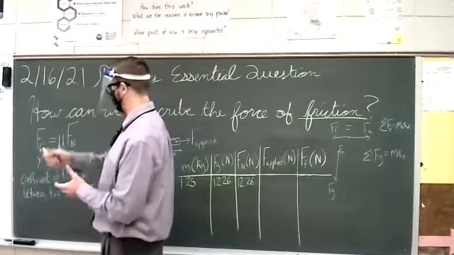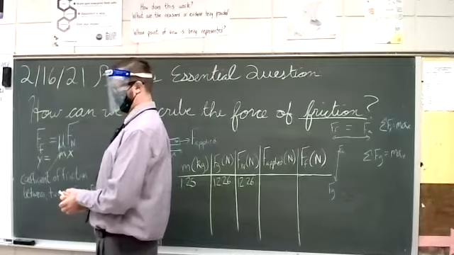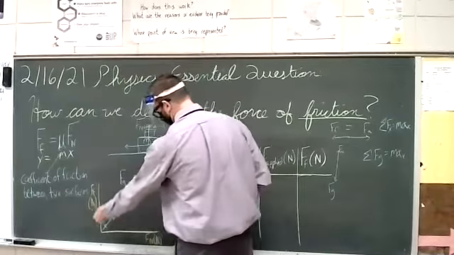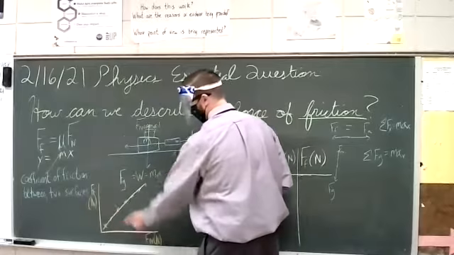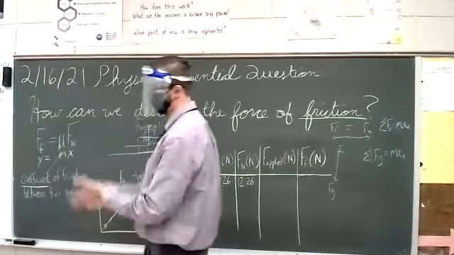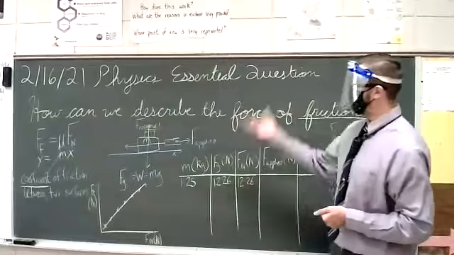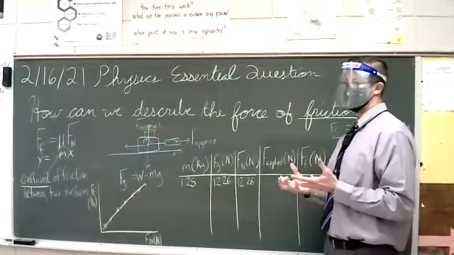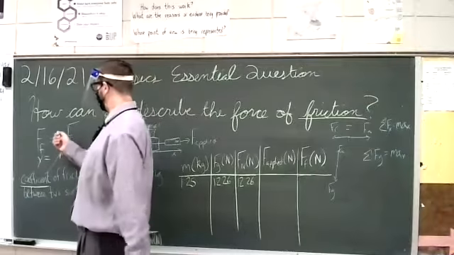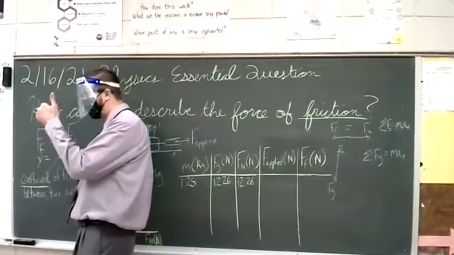What are the units of mu? None, right? Because the rise over the run, newtons of rise over newtons of run, it's a ratio of forces. That's why it's called the coefficient of friction. It's just a number. The higher the number is, the rougher the surfaces are. Let's just put some values in here. If the coefficient of friction is 2, that's really high.